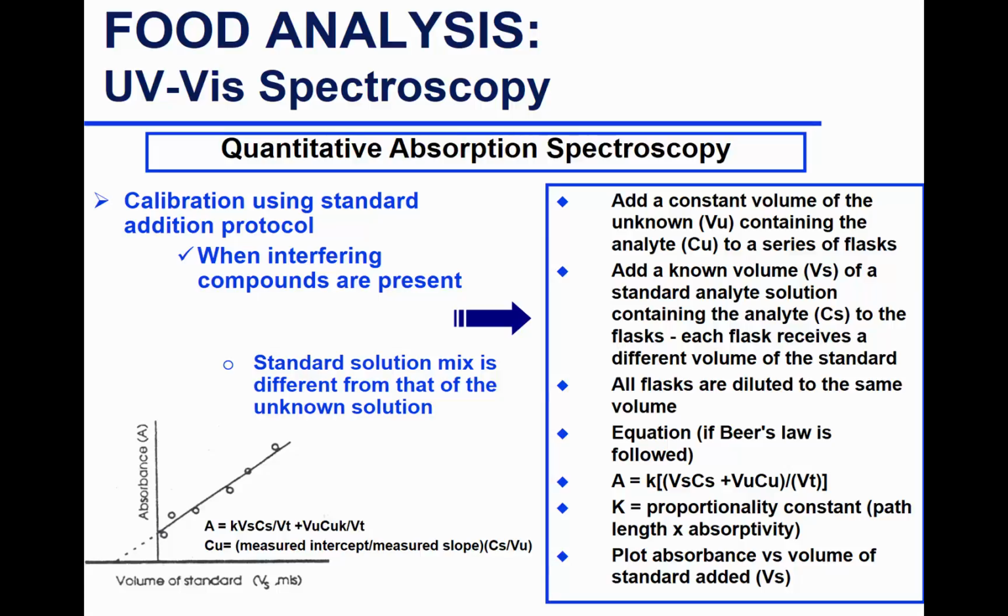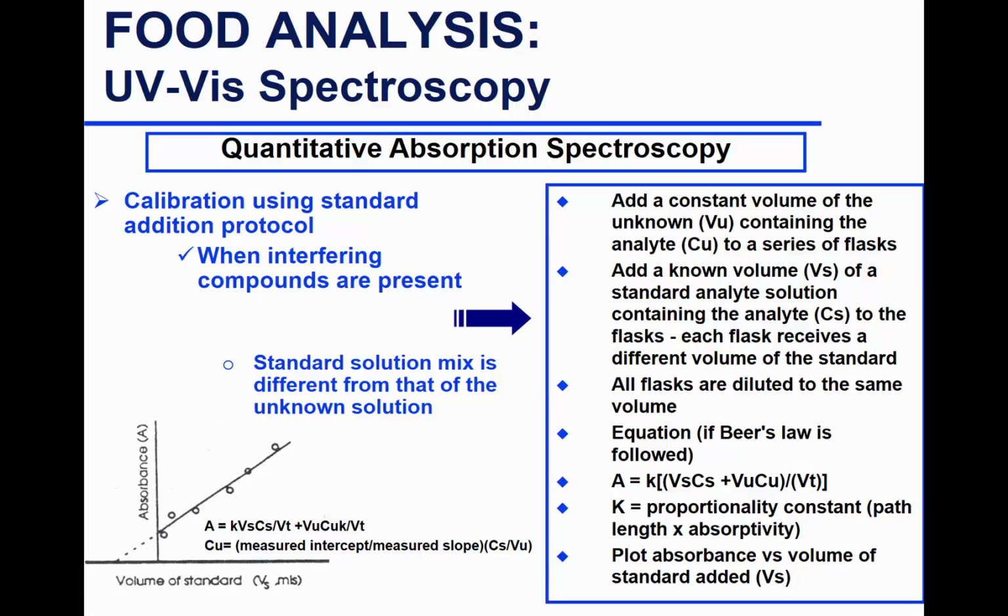Here you put 10 ml of your standard. Here you put 15 ml, 20, and 25. So what you're doing is building a standard curve within each sample. Are you following? Same sample amount, but different volumes of your standard.